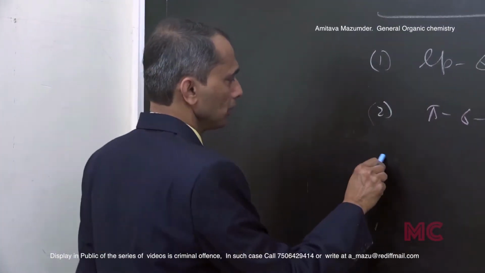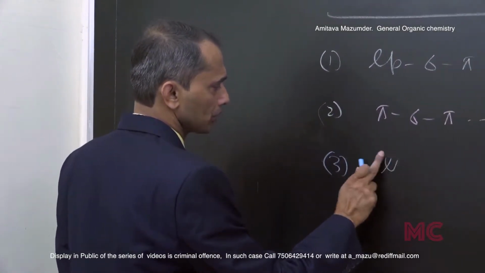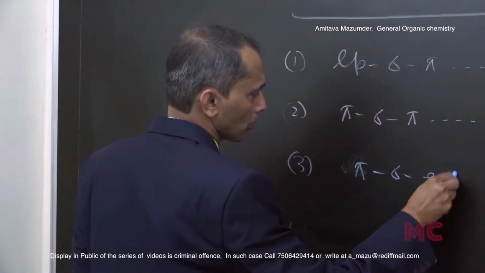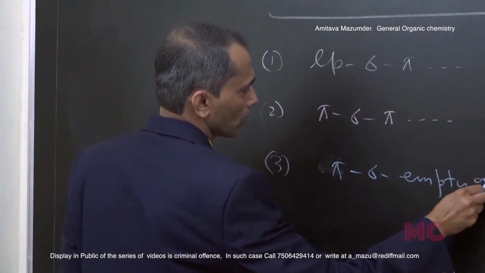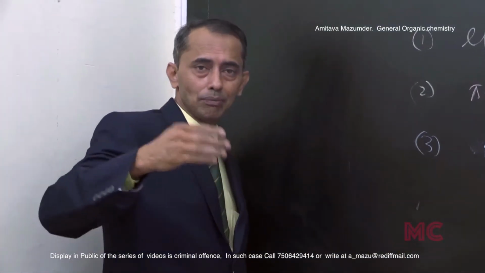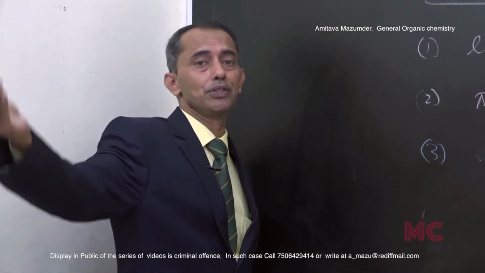Number three, we can say that is lone pair, or pi, sigma, empty orbital. So in that case also this can happen, that is pi, sigma, empty orbital, like this.